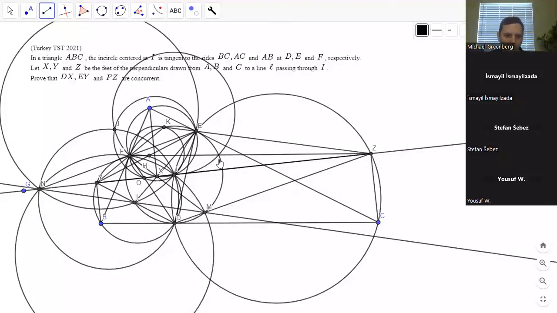So, like I define H to be this intersection, and we have triangle XML and DEF, and we try to use Desargues.